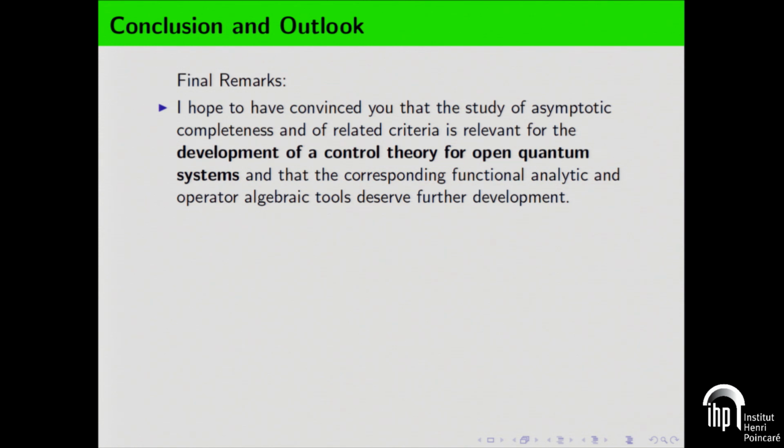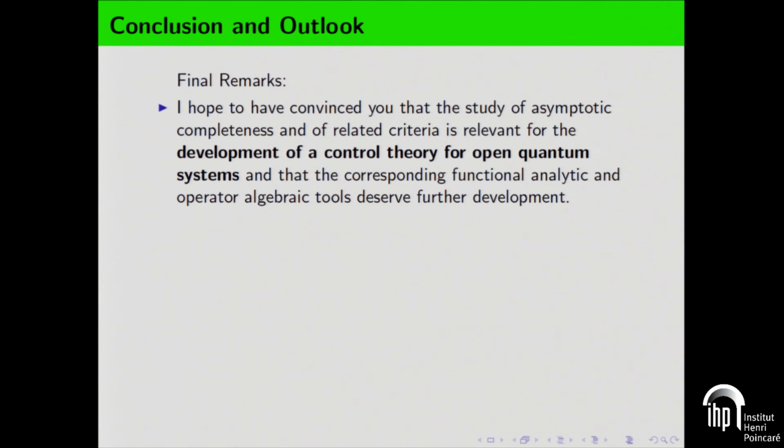And the second aspect is that the corresponding functional analytic and operator algebraic tools, such as extended transition or the noncommutative Prokhorov theorem, deserve further development. And there are some things which can still be explored.